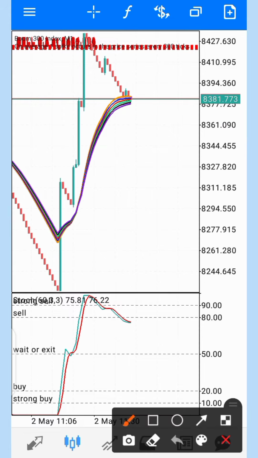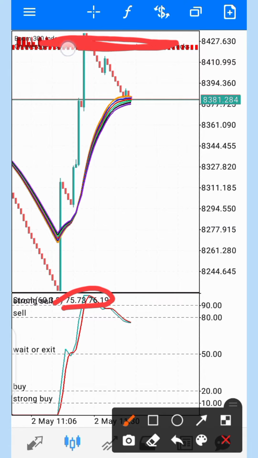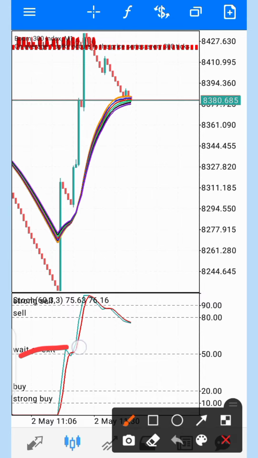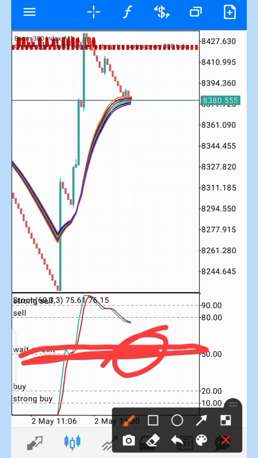If you enter from here, even if the spike happens, it won't blow out. The highest that can happen is send you back to the entry level, which will start from zero again. That is the only thing that can happen, trust me. And when this stochastic fast and slow MA gets to this 50 region, I will advise you close the trade.